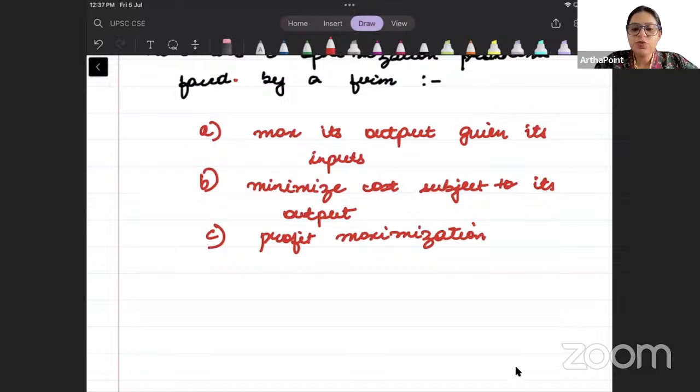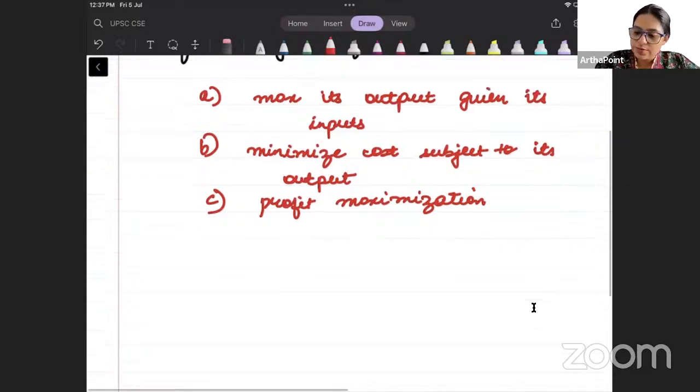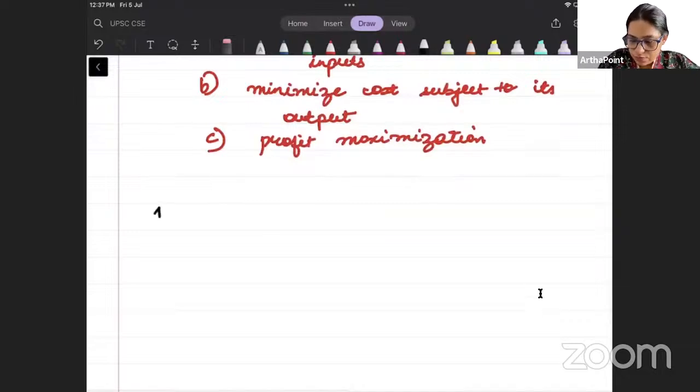Now, suppose we go with the first one. The firm wants to maximize its output given the resource constraint. Maximize output means what, beta?